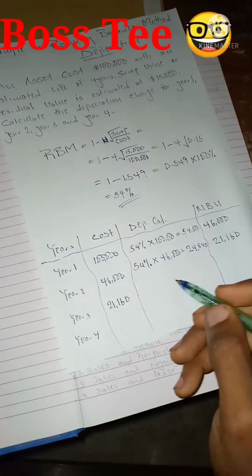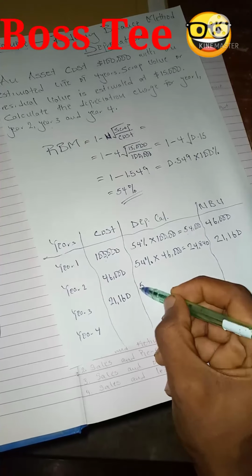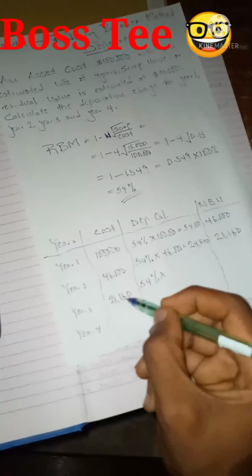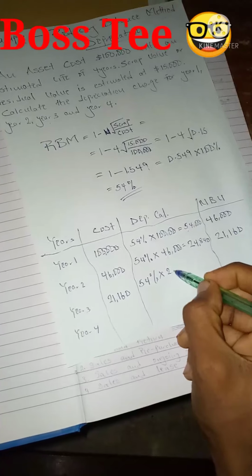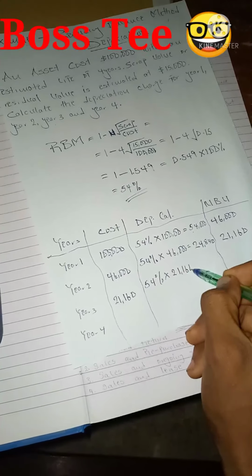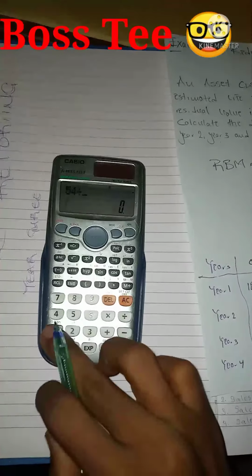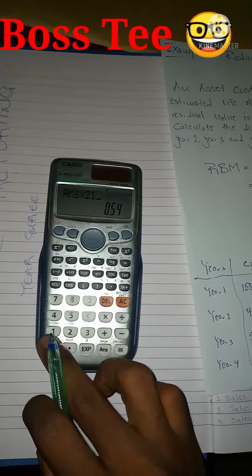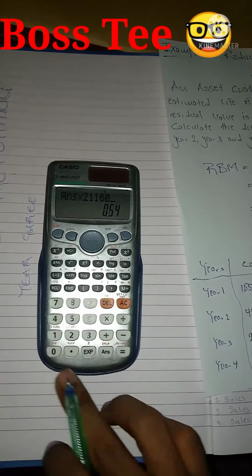Good. We still charge our depreciation percentage, 54% of this value in year 3, 21,160. What do we have? 54% of 21,160.